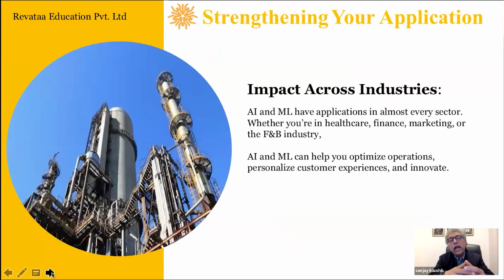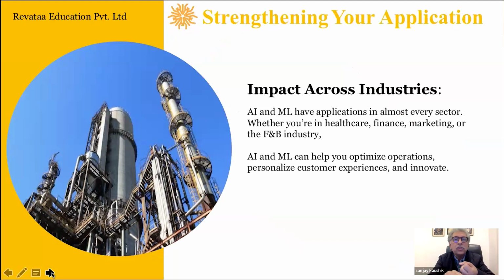And also, saying that I just want to go and get a master's degree in artificial intelligence is not enough. You're going to talk about how artificial intelligence or machine learning is creating an impact across industries, not just in IT. It is also taking the healthcare industry by storm.